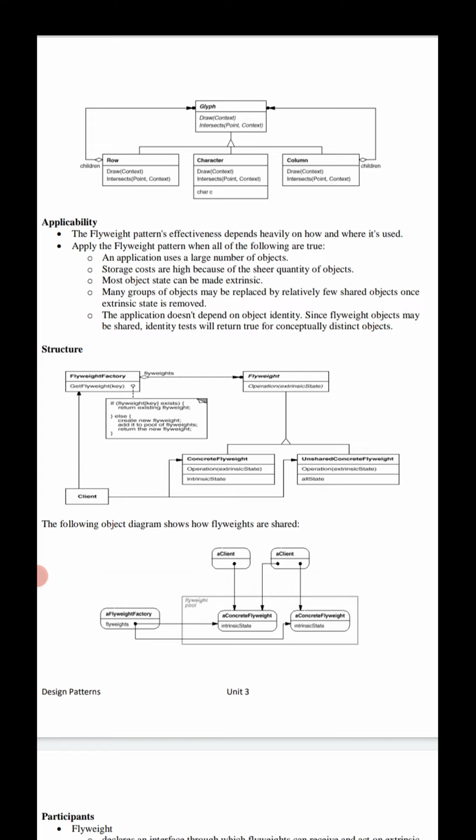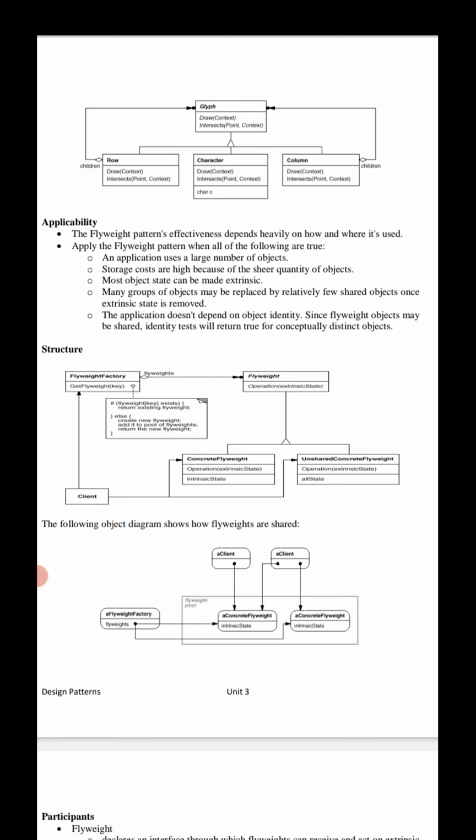What does that mean? The application does not depend on the particular object identity.